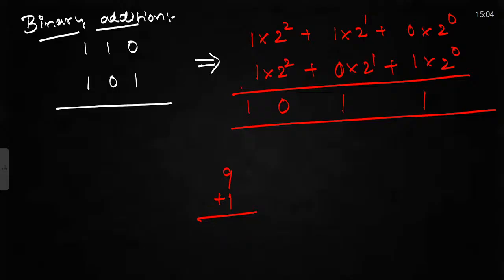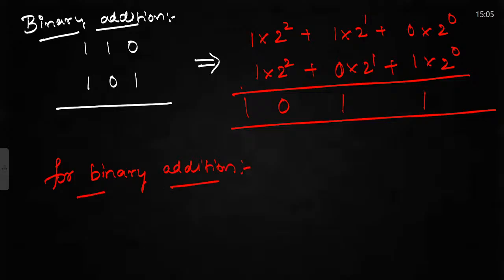So we are not getting it directly, we will get 0 and 1. So from what we can understand from this one, for binary addition, let us write two separate columns for sum and carry.